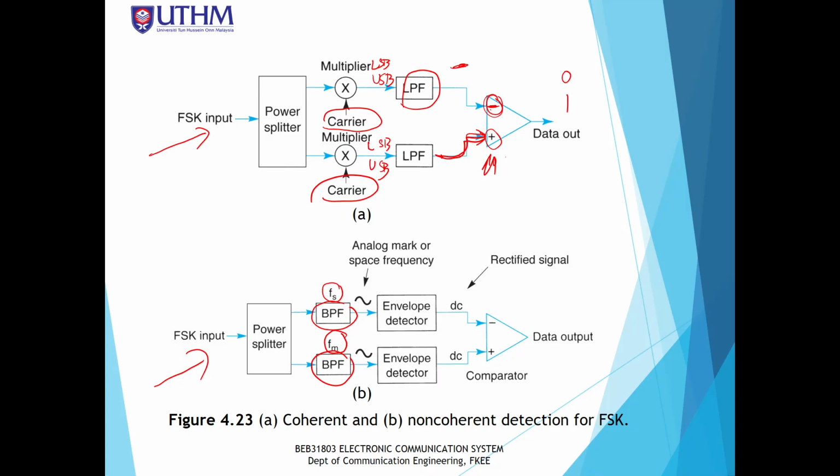So we are choosing the high frequency and low frequency, and then putting them inside the envelope detector. The envelope detector will change the different frequencies into a different set of output. So the output that you will produce is 101010. Positive voltage is represented by logic 1, negative voltage will produce 0 at the output.